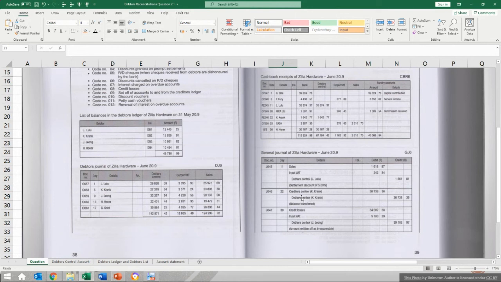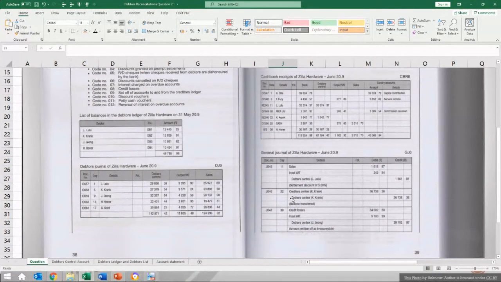So they actually owe me money. So what I do in my own books then is, instead of showing it as a creditors control, I then show it as a debtors control to show that that business or an individual owes me money. So this is what happened here. So we're just transferring it from creditors to debtors.